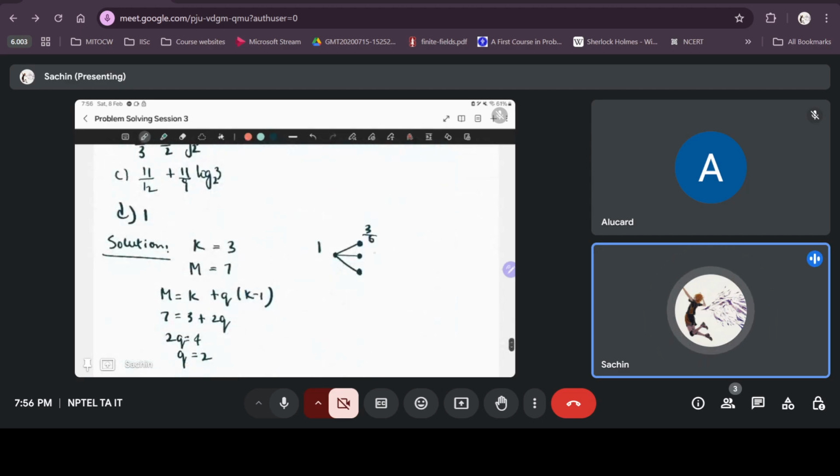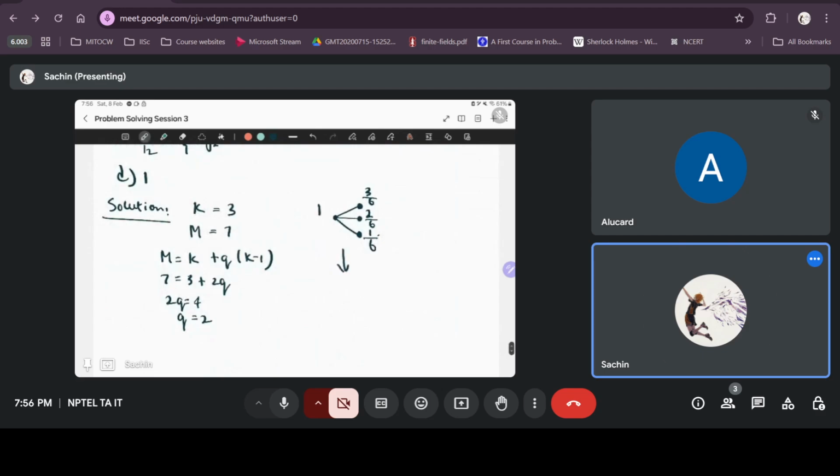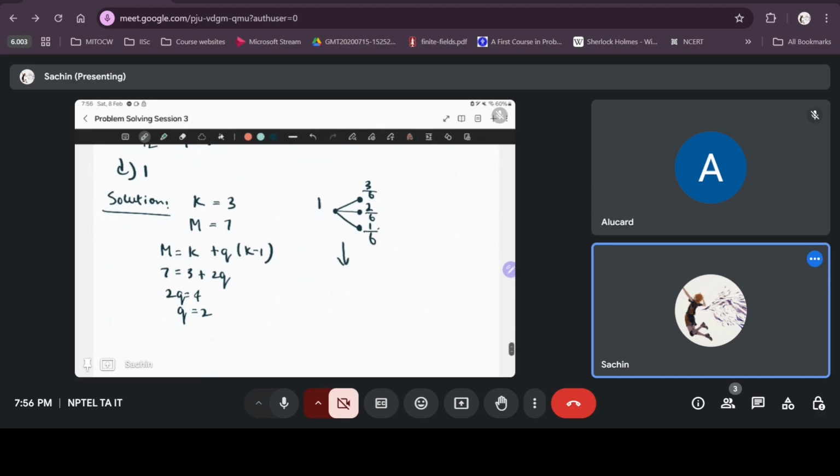This has probability 3/6, this has 2/6, this has 1/6. That's the root extension. After you extend the root, you again extend the most likely leaf Q number of times.